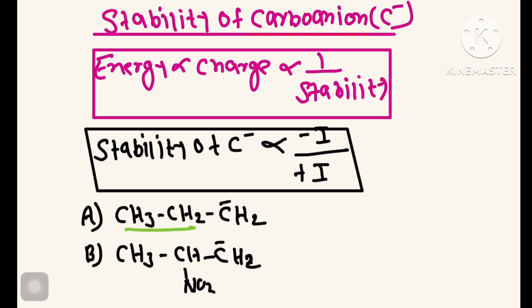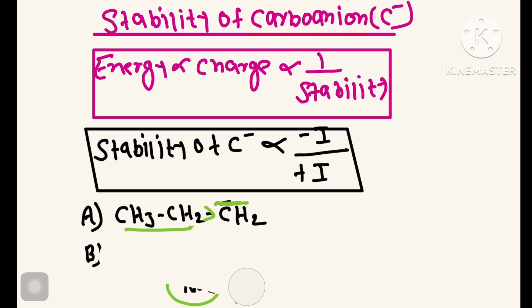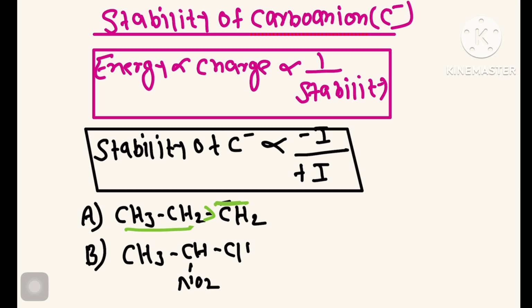So just here you can think, plus I group. So due to plus I group, here electron density increases because of donating electron, so charge increases. But here due to minus I group, wait, here I have written this one, B, CH3, CH, NO2, CH2 minus.